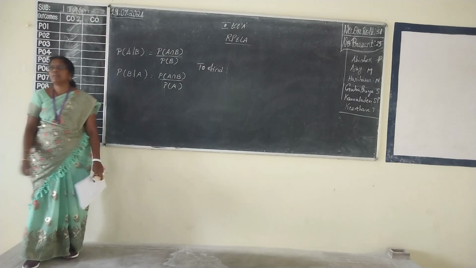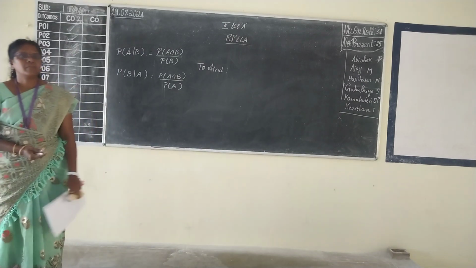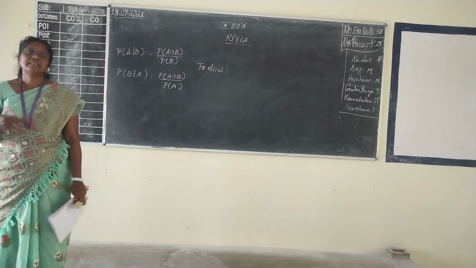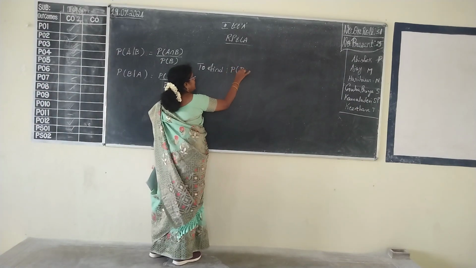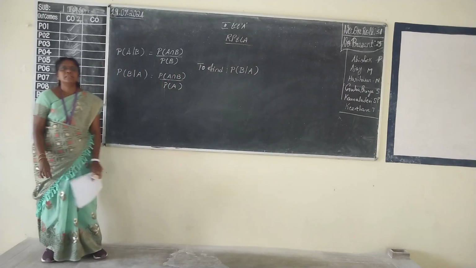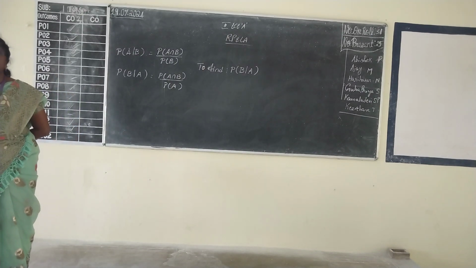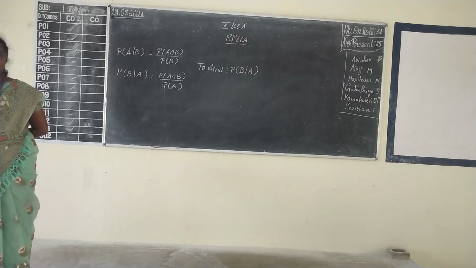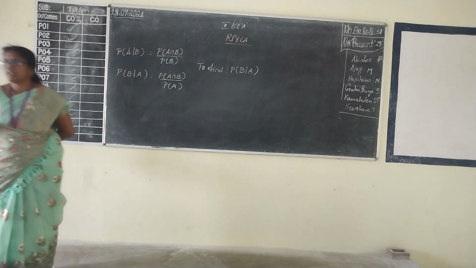Tell me what you are supposed to find. The system already has fidelity; based on that you have to find its selectivity. How will you write it? P of B given A. A is for fidelity and B is for selectivity. If you interchange the assumptions, it becomes P of A given B. Read it as A given B, don't read it as A by B or A bar B. It is B given A, or you should say it as A given B.